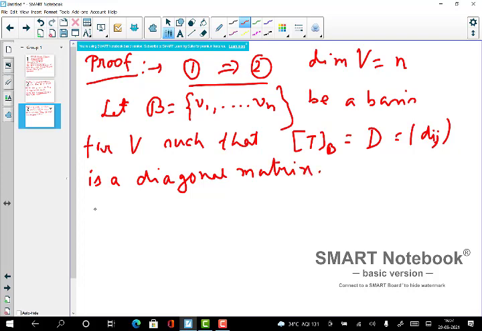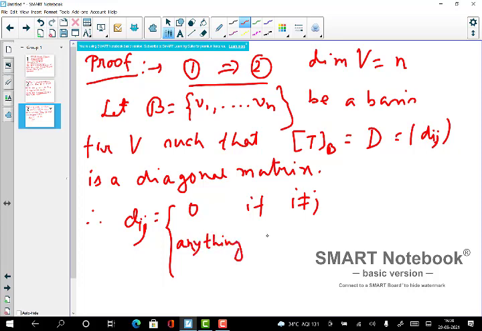D_ij equals 0 if i is not equal to j. When i equals j, it can be anything, zero or non-zero, no problem. But if it is not a diagonal entry, that is i not equal to j, the entry must be zero.